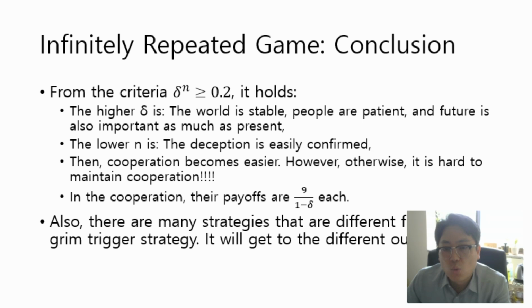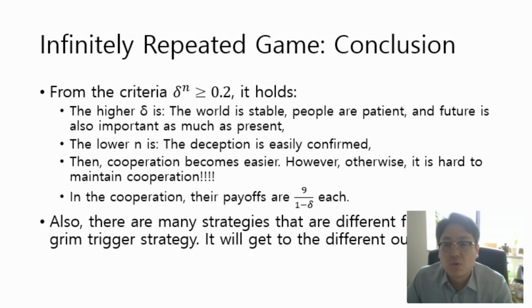It means the world is stable, because people think that future value is not too discounted compared to the present value, or future value is similar to the present value. Why? Because people think that the world is stable. The future will be similar to today and the past and so on.